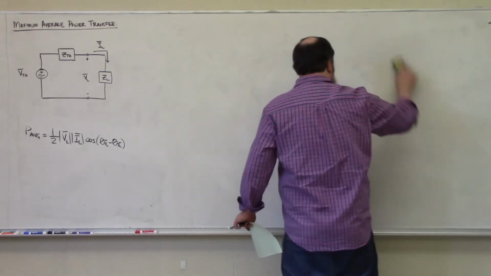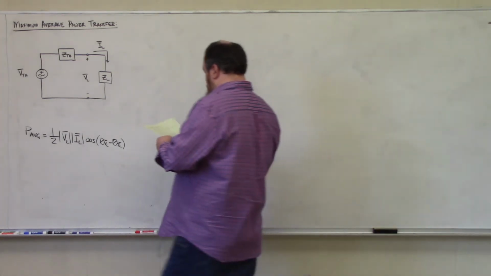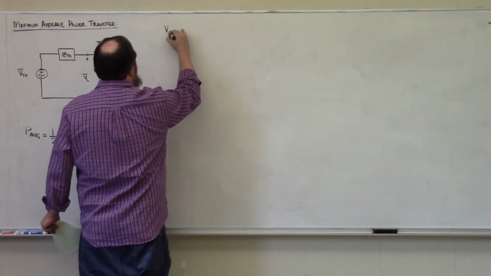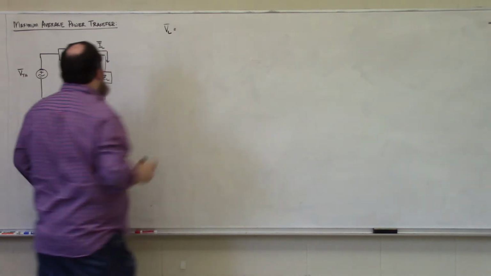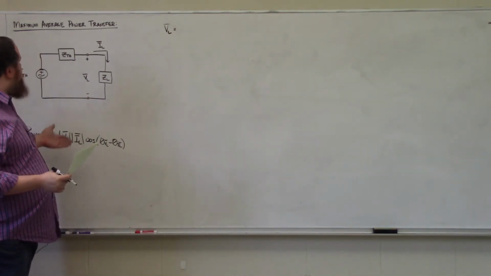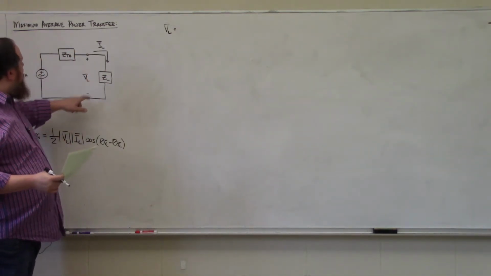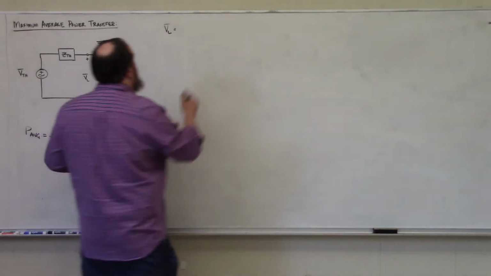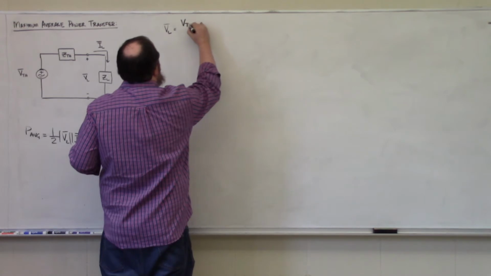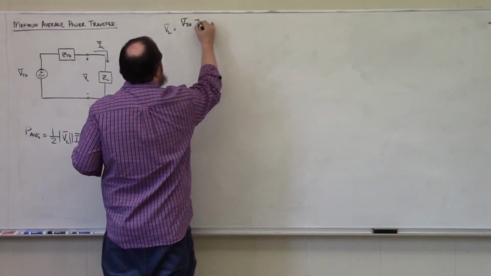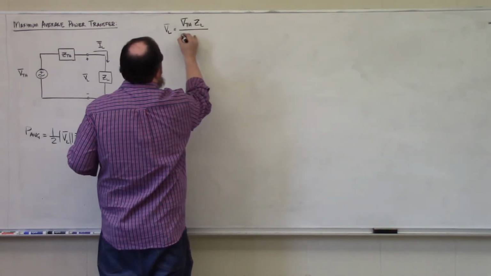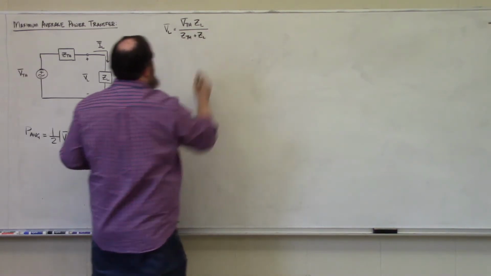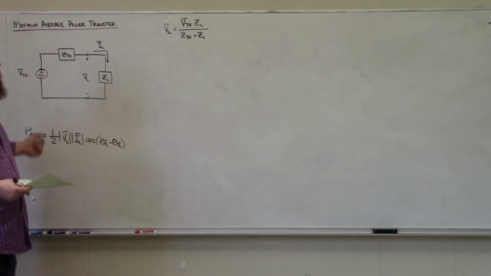All right, so our phasor load voltage VL can be determined using simple voltage division, right? So this voltage VL is the voltage drop over this impedance ZL, so it should be VTH multiplied by ZL divided by ZTH plus ZL using voltage division.